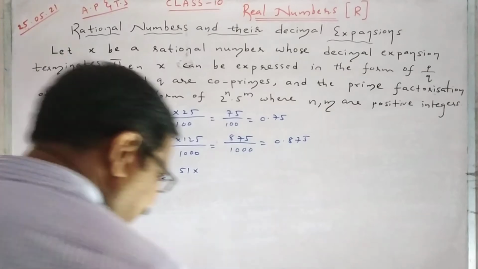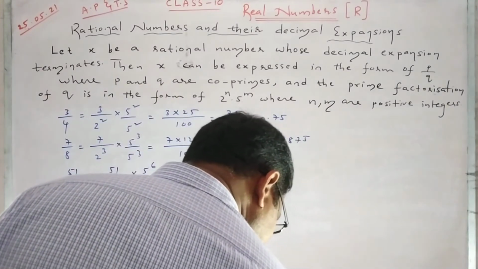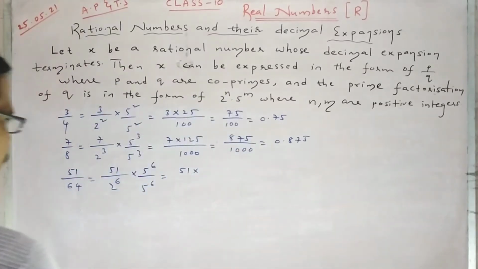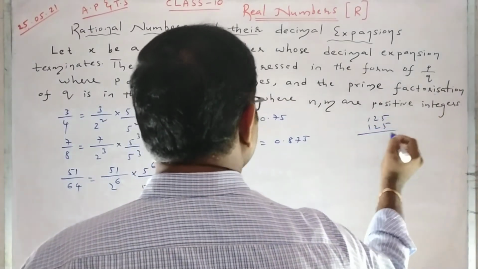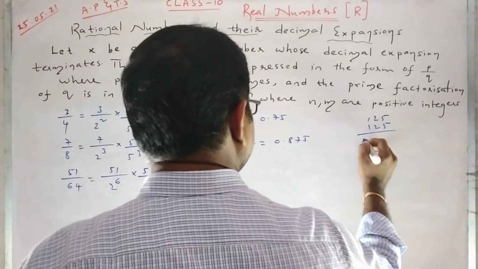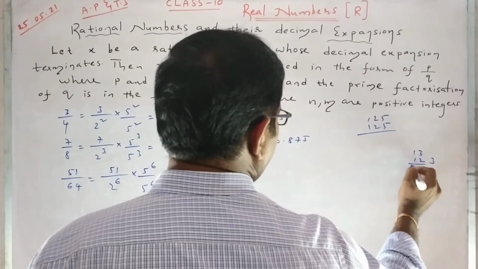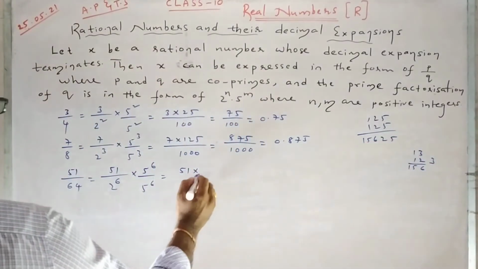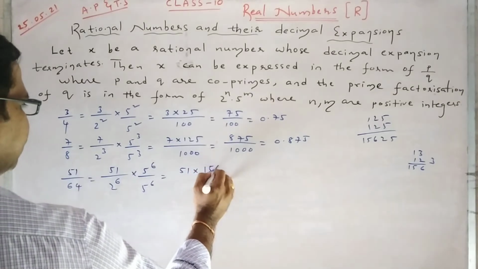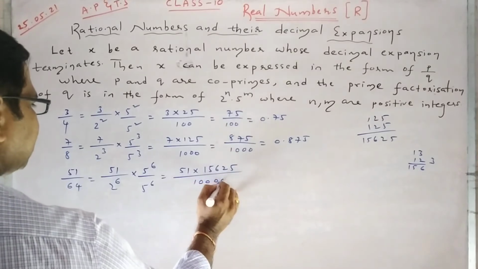What is 5 power 6? 5 cubed means 125, right? 125 into 125 is 15625. 15625 over 1 followed by 6 zeros.